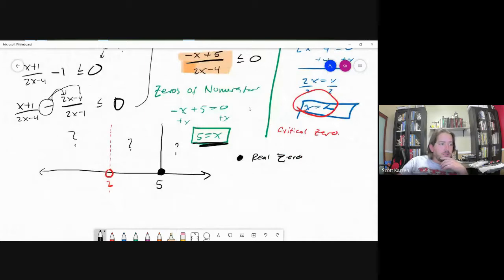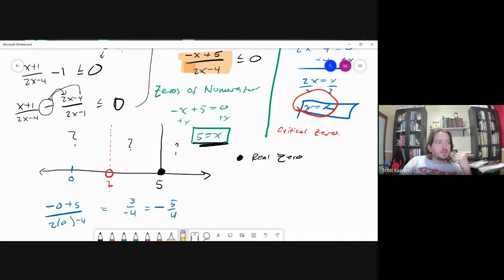So I'm going to plug in, let's just grab a value. 0's over here. I'm going to do it in maybe blue. That's going to be one of my numbers I check. So I'm going to plug in 0. That would be negative 0 plus 5 over 2 times 0 minus 4. But that's just 5 over negative 4, which is a negative number, right?